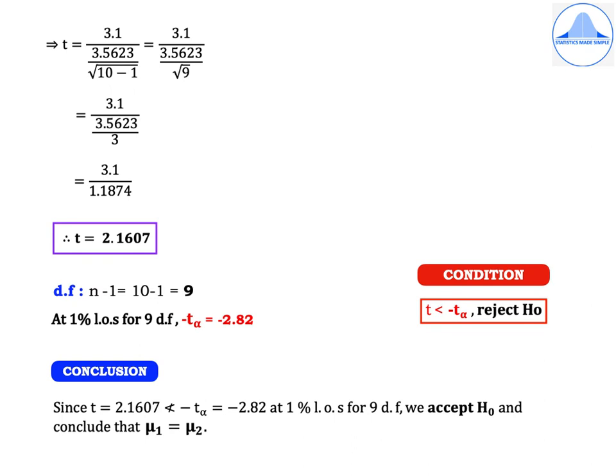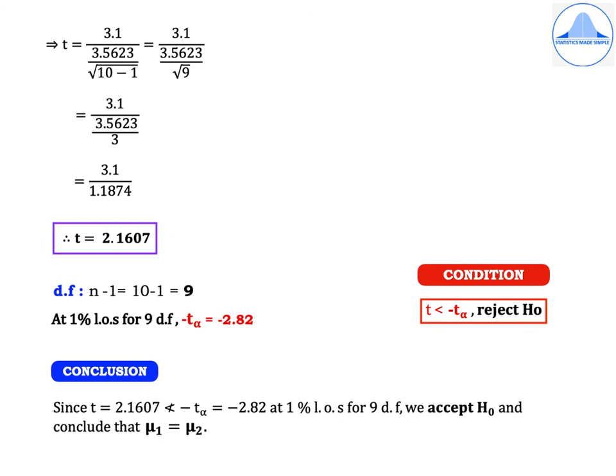Hence, we get t equal to 3.1 divided by 3.5623 divided by root of 10 minus 1, which is equal to 3.1 divided by 3.5623 divided by root 9, which is 3.1 divided by 3.5623 divided by 3, that is equal to 3.1 divided by 1.1874, or t is equal to 2.1607. The degrees of freedom is n minus 1, which is equal to 10 minus 1, which is equal to 9.